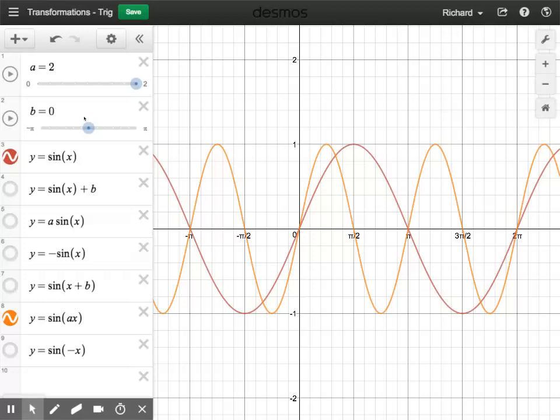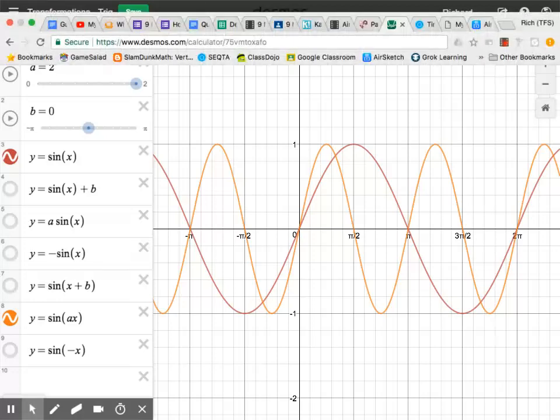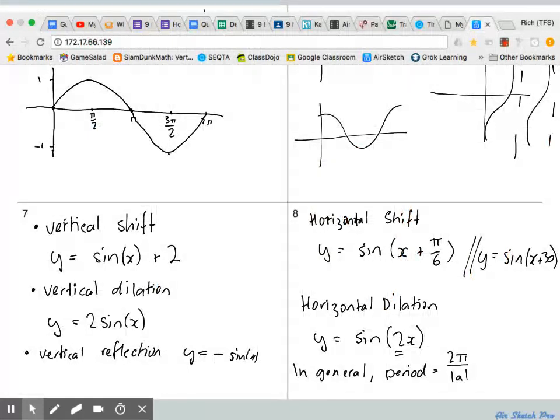Oh man, sorry guys, I'm writing and you can't see what I'm saying. In general, this is what the period is: 2 pi over the modulus, or the absolute value, of a.